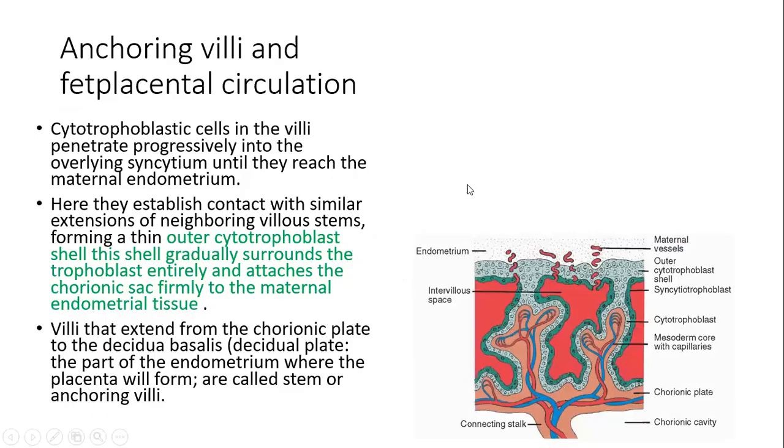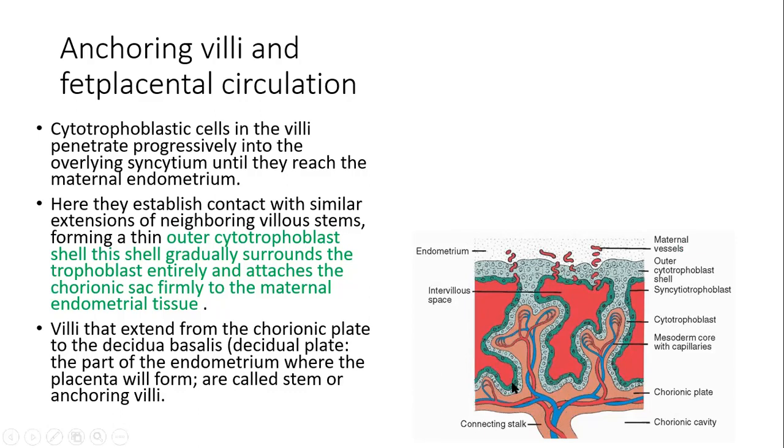Now there is another formation of anchoring villi and establishment of fetoplacental circulation. Since our embryo is growing faster, the amniotic cavity and yolk sac fluid cannot alone meet the requirement of the growing embryo. So we need to have a fetoplacental circulation.